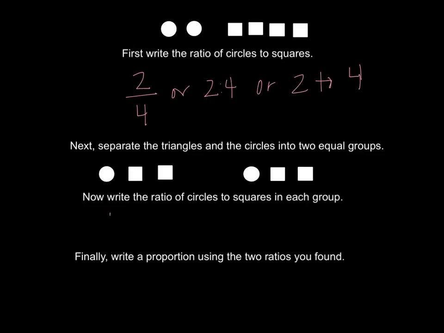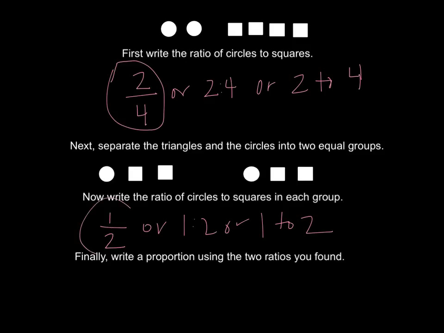So I would have 1 circle to 2 squares, or 1 to 2. Finally, write a proportion using the 2 ratios you found. That means using the first ratio and the second ratio. So the proportion would be 2 to 4 equals 1 to 2, and they are equivalent ratios.